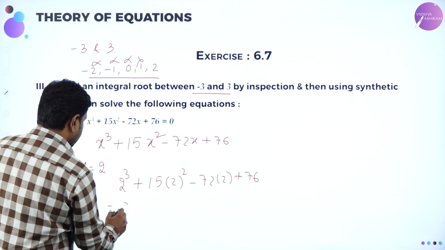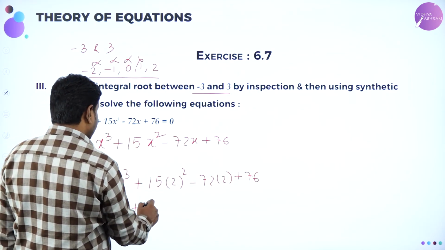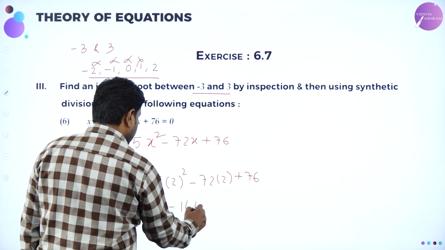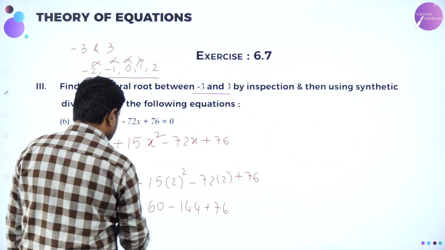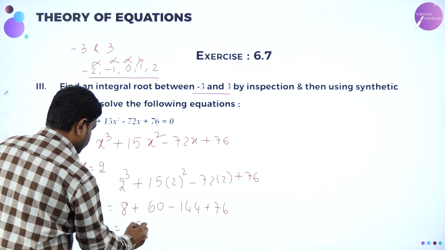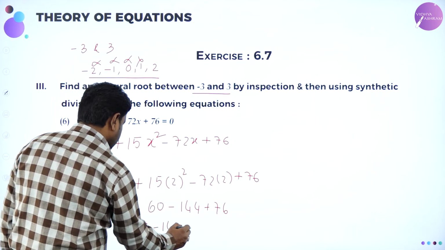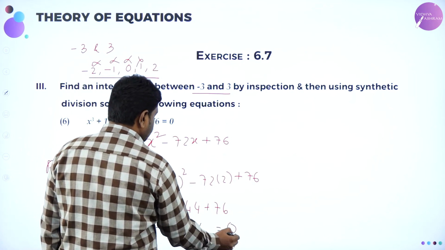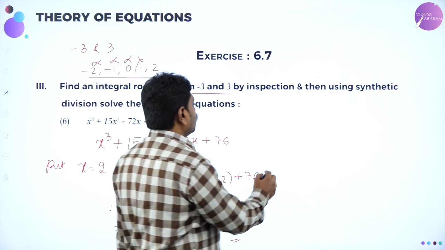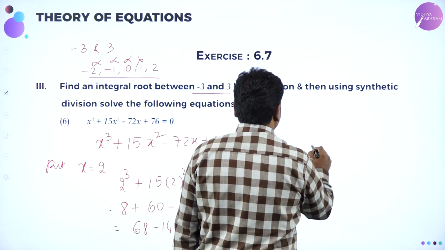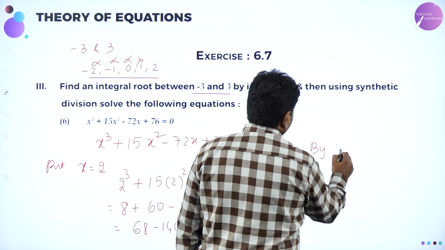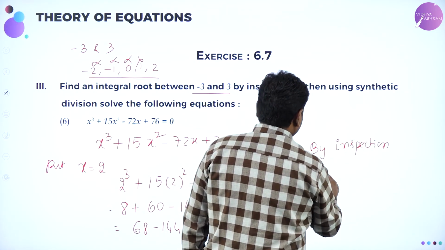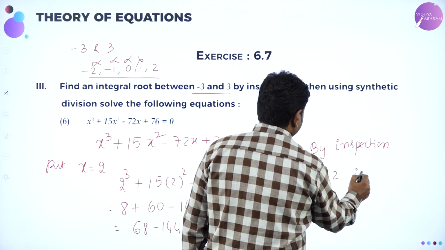So 2 cube is 8, 2 square is 4, 15 4s are 60, minus 72 into 2 is 144, plus 76. Now this is 68 minus 144 plus 76. 68 minus 144 is minus 76. It gives you 0. So by inspection, x is equal to 2 is a root.